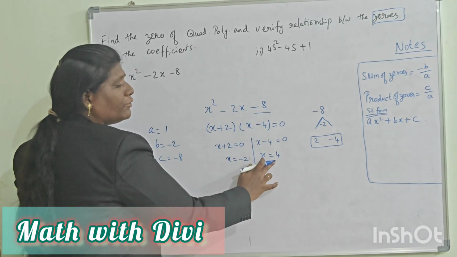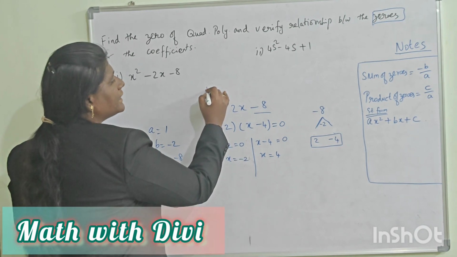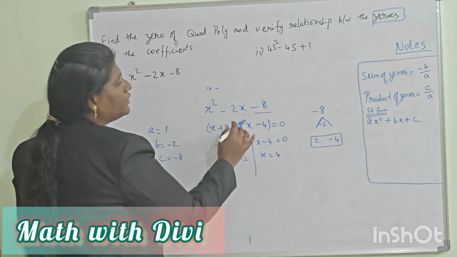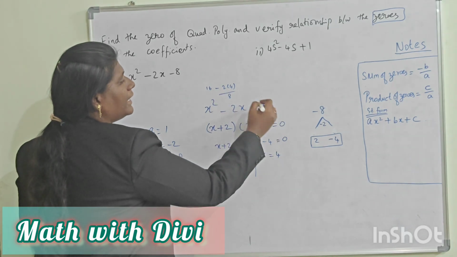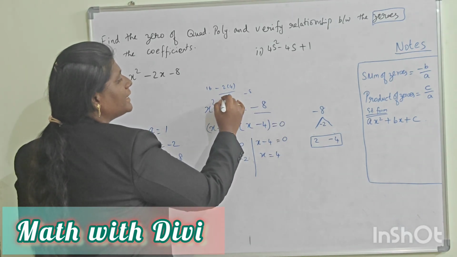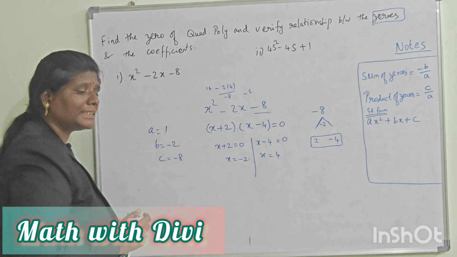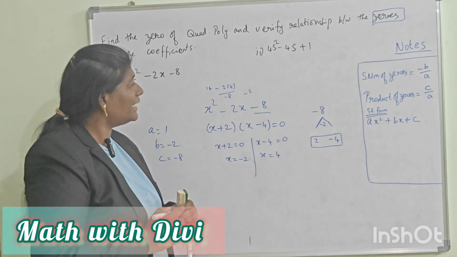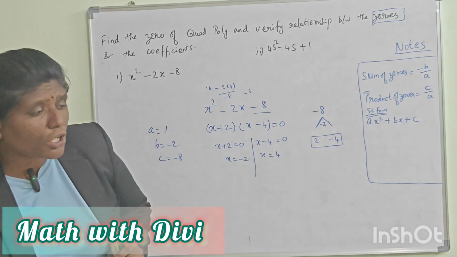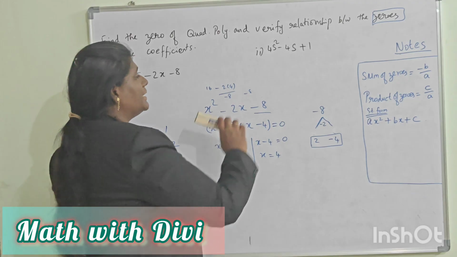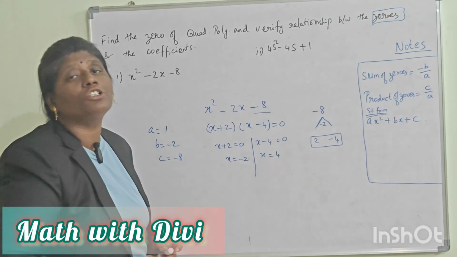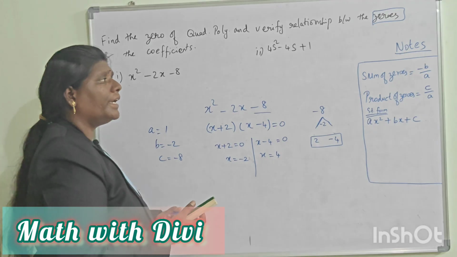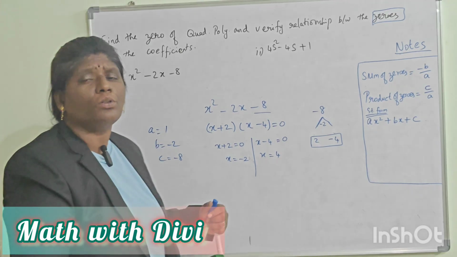Let me check 4: 4 square is 16, -2 into 4 is -8, and already it is -8. So 16 -8 -8 is 0, right? So the two values are making the polynomial 0. That is what both are called zeros of the polynomial.